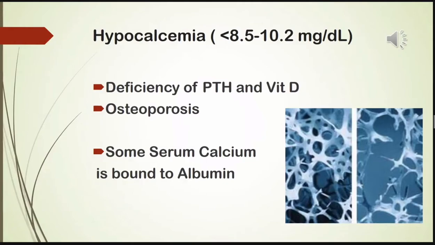The image on the left is the normal bone trabeculae. On the right, you see their lesser bone mineralization. And also, as a side note, the calcium found in blood is usually bound to albumin. It is seldom seen as free calcium.